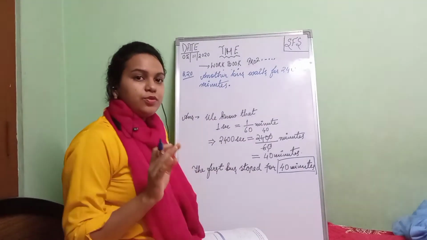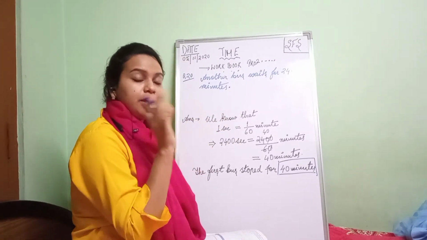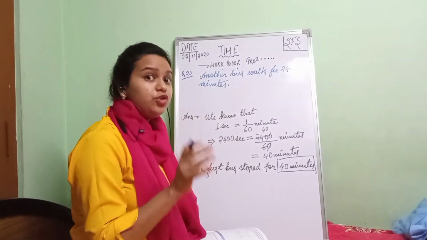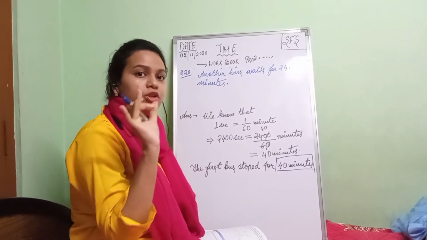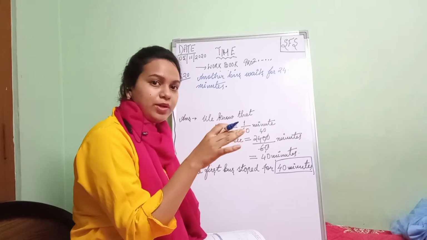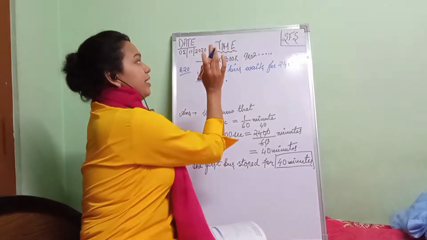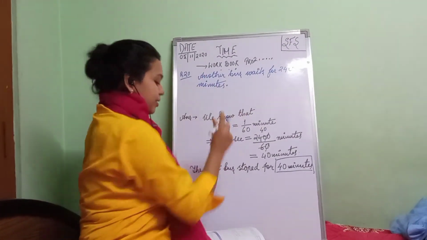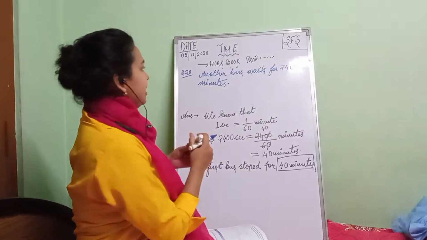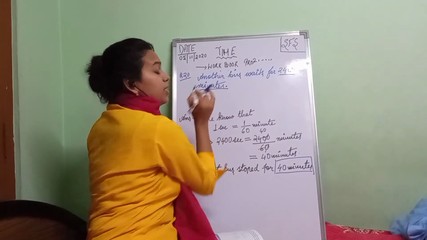So children, look, in the first part of the question, what did you have? The bus waited for 2400 seconds. Remember, second is the unit of time used for the first part of the question. In the second part of the question, what do you have? That another bus waited for how many minutes? 240 minutes. Please mark, children, that here the unit of time used is minutes.